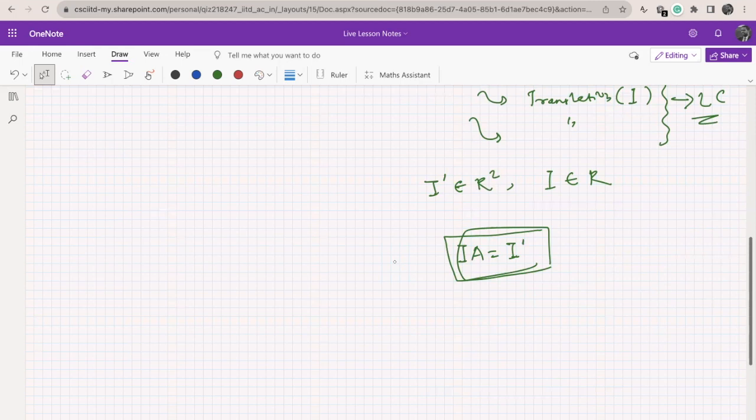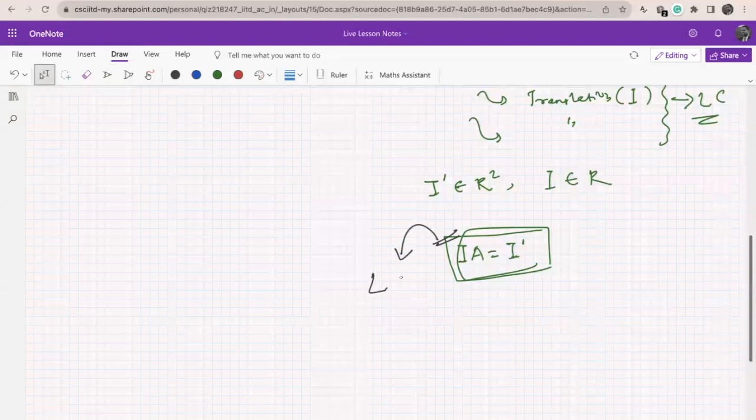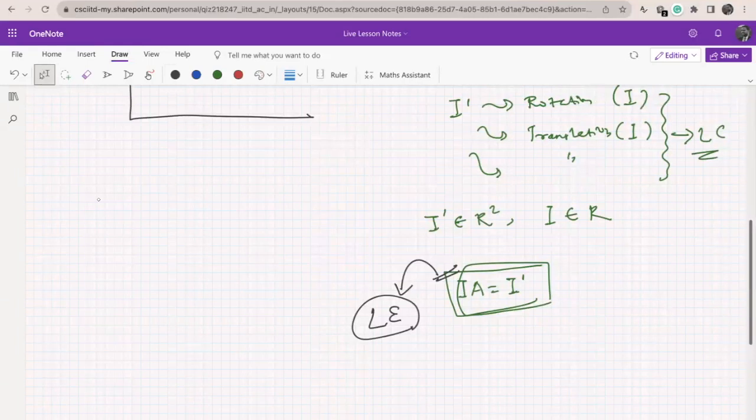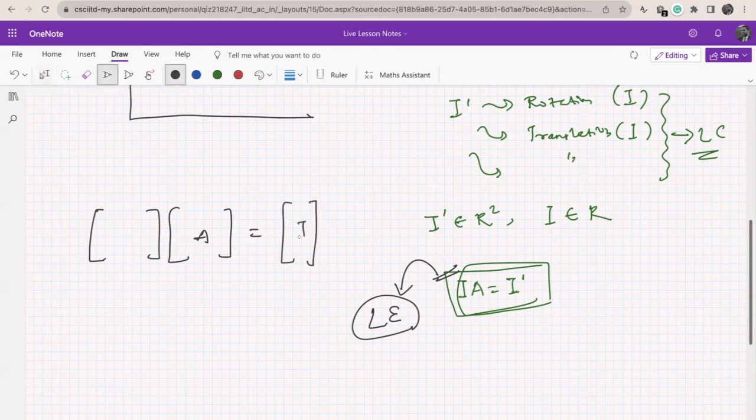If you recall, this equation is a linear equation, and to solve it, this is the I matrix, this will be the A matrix, and this will be the I dash matrix.